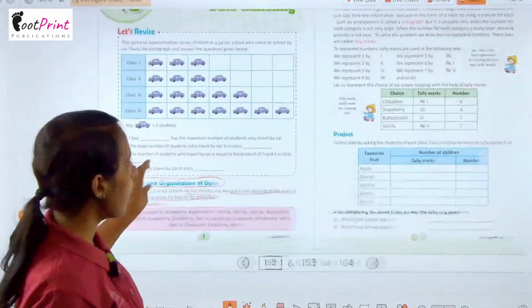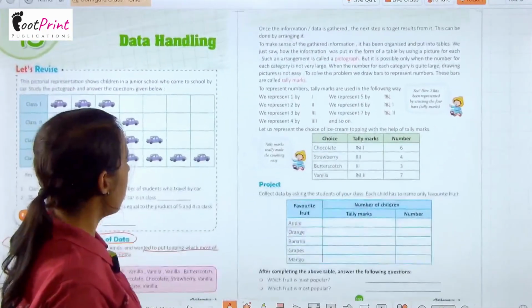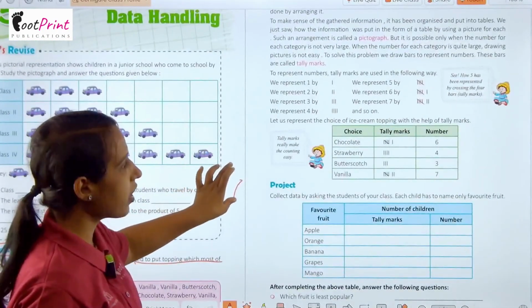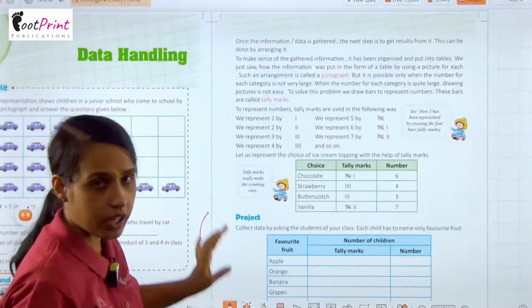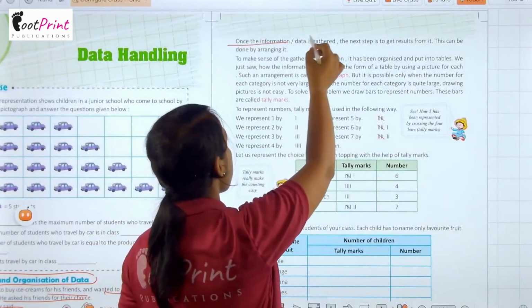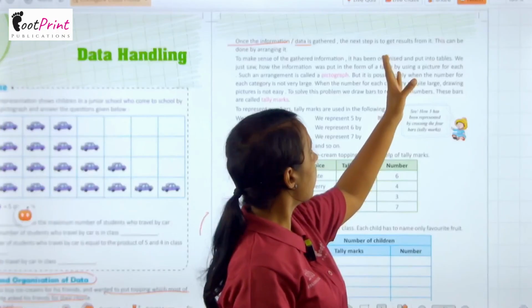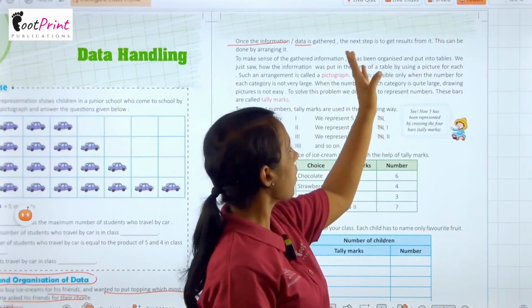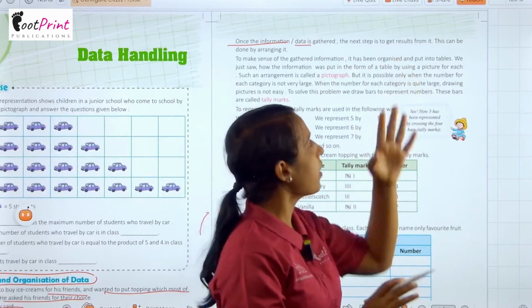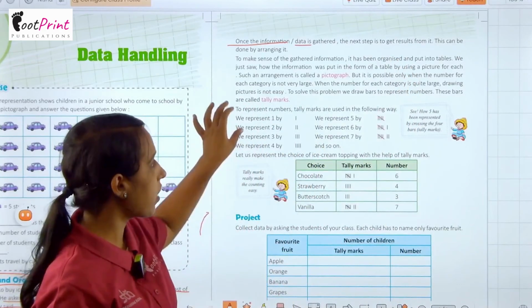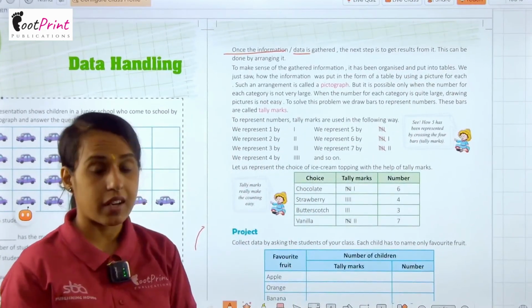Okay, so here we get the information. So how do we arrange it? Let's see here. Once the information or data is gathered, the next step is to get results from it. फिर हमारा next step क्या होता है कि हम उससे result निकालें.